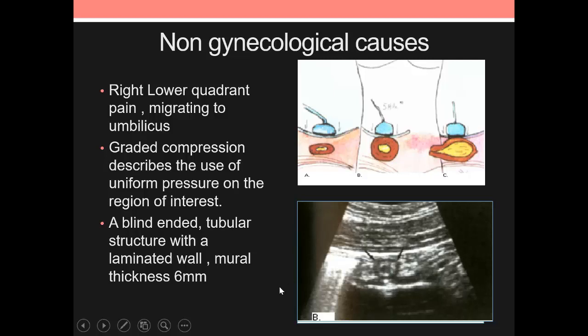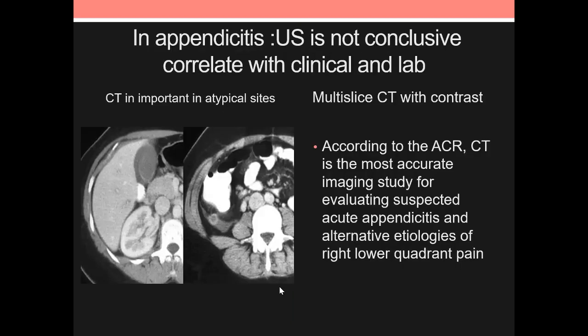Of course, if it is pre-ileal, you can see it, but if it is retro-ileal or in an abnormal site, we could not detect it. In appendicitis, ultrasound is not conclusive. We must correlate with the clinical and laboratory findings. CT is important in appendicitis if the appendix is in an atypical site, being subhepatic or pre-ileal.